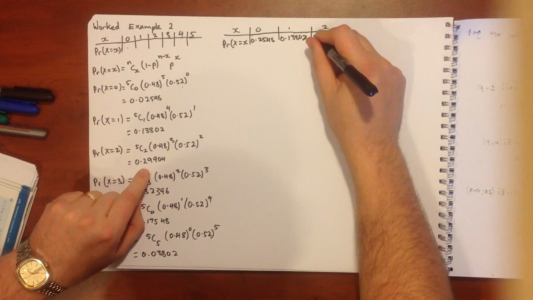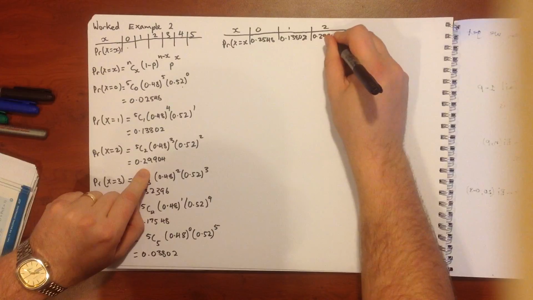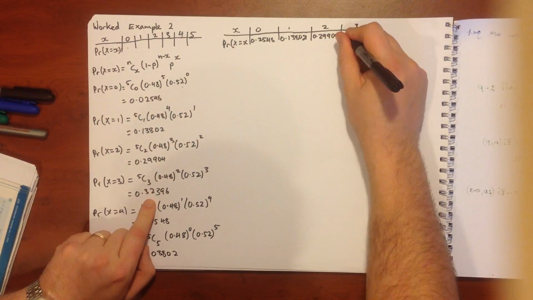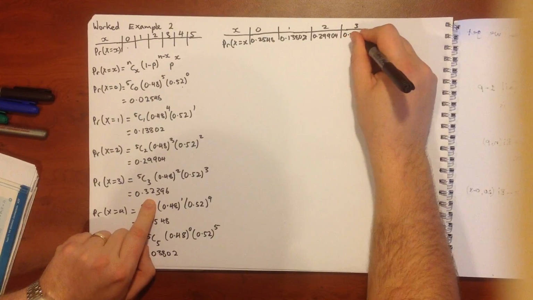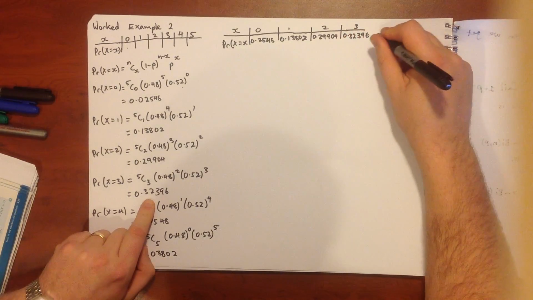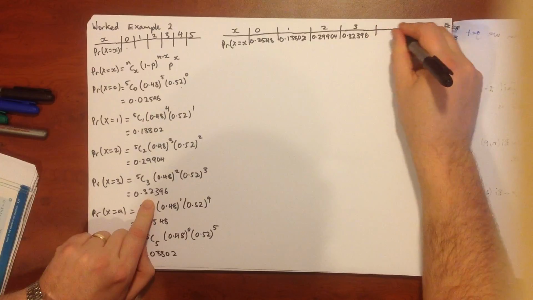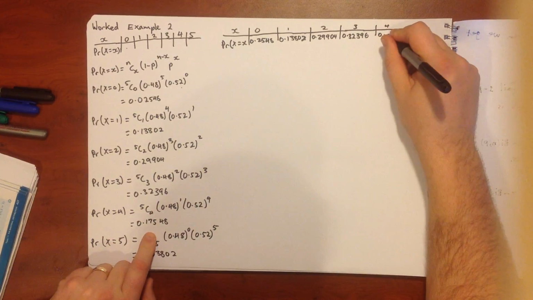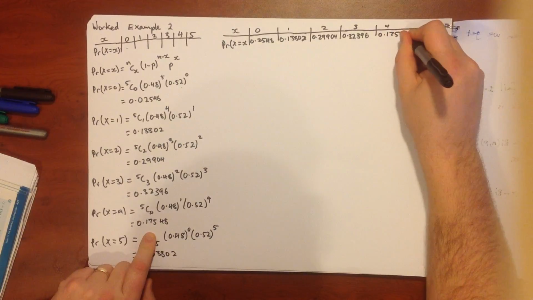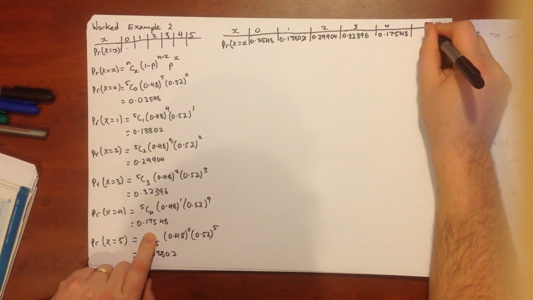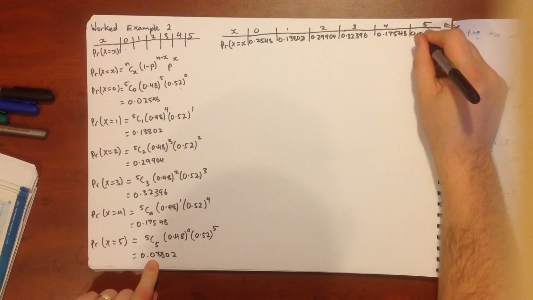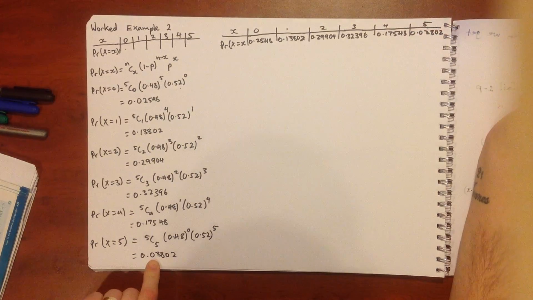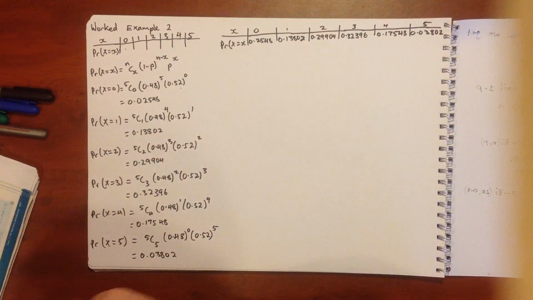For 2 it was 0.29904. For 3 it was 0.32396. For 4 it was 0.17548, and for 5 it was 0.03802. So we've got our probability distribution table.